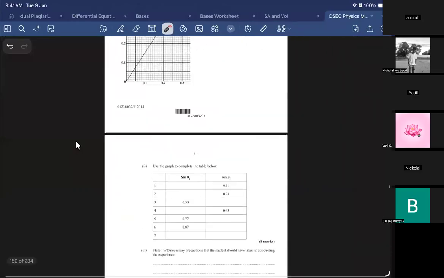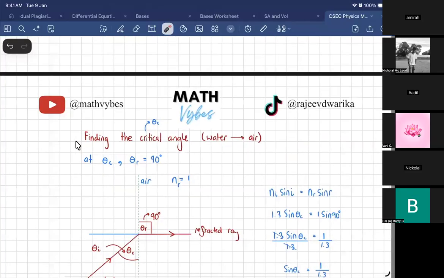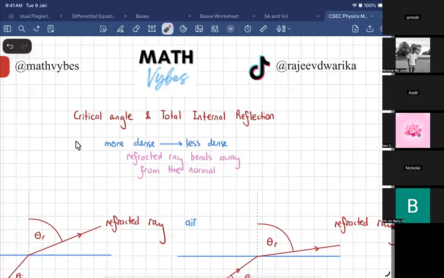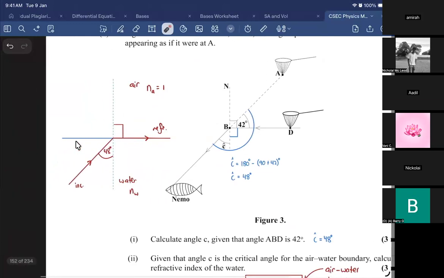Check the notes. It only happens when it goes from a more dense to a less dense medium.